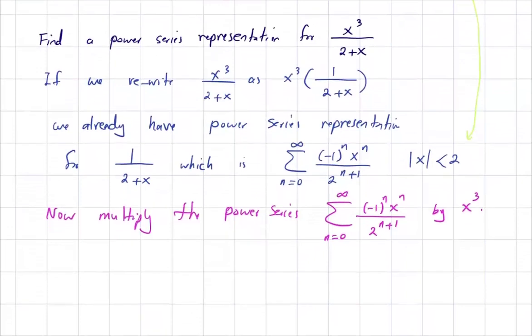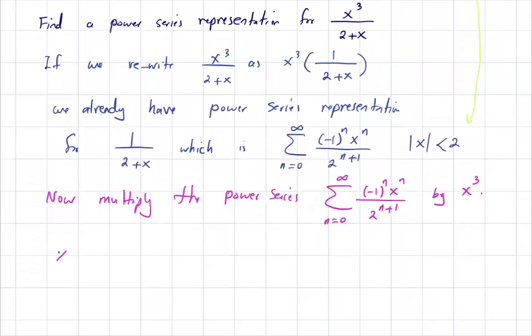Here I have x to the third multiplied by the power series, the summation of -1 to power n, x to the n, divided by 2 to power n plus 1, and start from 0 goes to infinity, which is basically the multiplication of x to the third by the terms of this series.